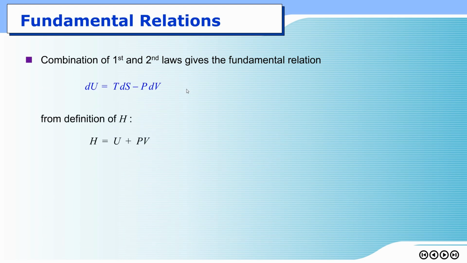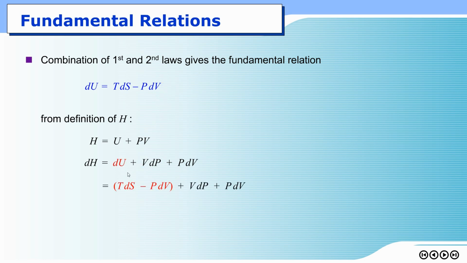If I start from this fundamental relation and then use the definition of enthalpy, in lecture 2, enthalpy was defined as internal energy plus the product of pressure and volume. If you take the derivative, the product of pressure and volume can be differentiated into VdP plus PdV. The first two terms here are the same as what we derived over here.